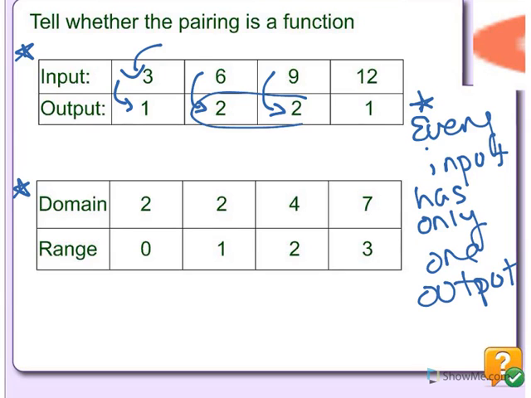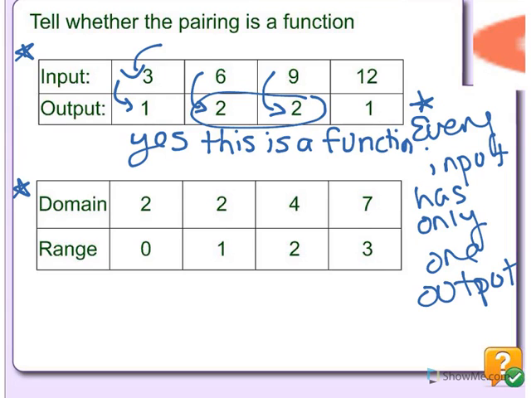Now if you look, both 6 and 9 have an output of 2. However, they can have the same output, but the input of 6 only has 1. The input of 9 only has 1. So yes, this is a function, because every input has only one output. They may have the same output, but it's only one.